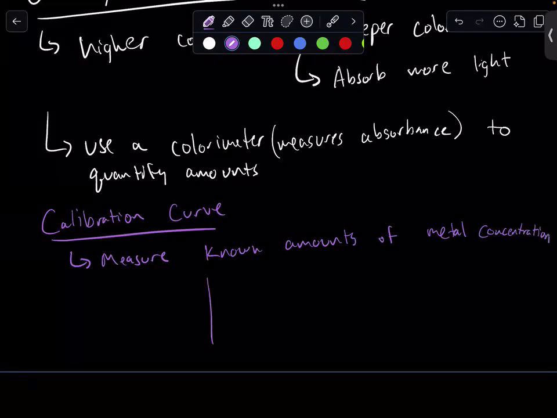And we plot them. So we could look at absorbance and concentration. This might be 0.1 mole decimeter cubed inverse, 0.2, 0.3, and our absorbance might create a graph that looks like this.